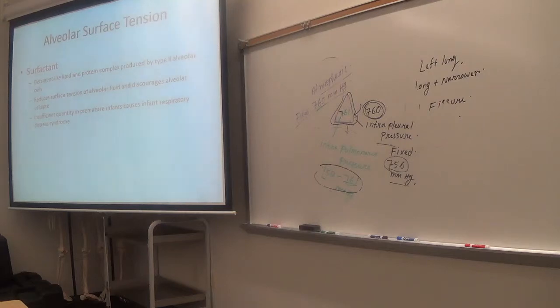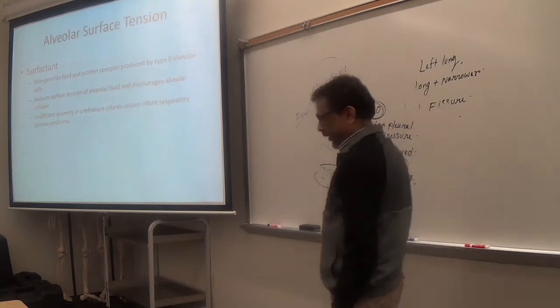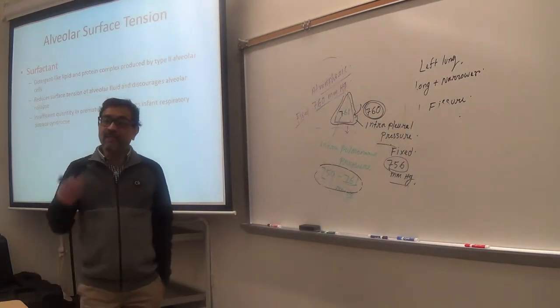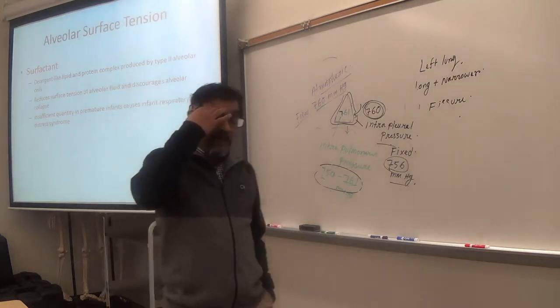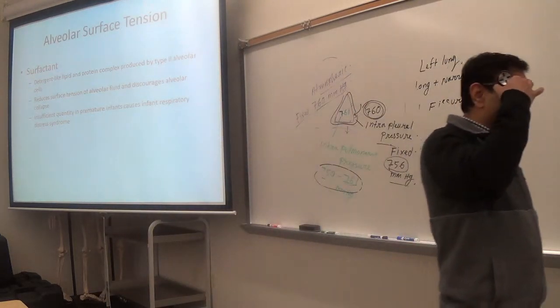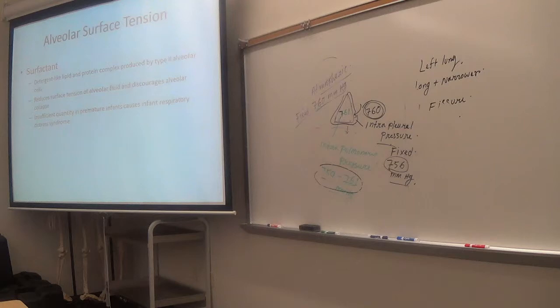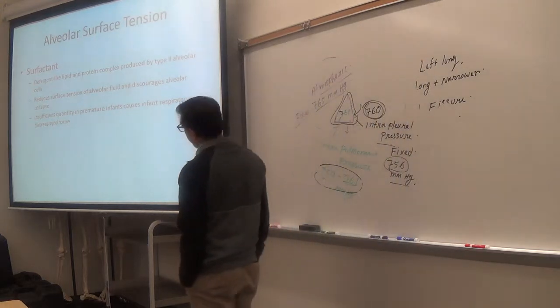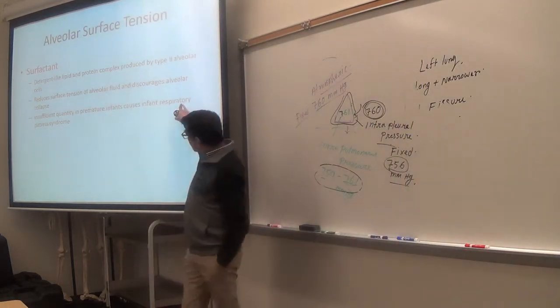Surfactant. Surfactant is secreted by type 2 alveolar cells, right? Surfactant secreting cells. And that fluid is very important, as I have mentioned. It lies inside the alveolar wall and keeps the alveoli open. It prevents the collapse of the alveoli. Okay? And I have also mentioned infant respiratory distress syndrome, this one.